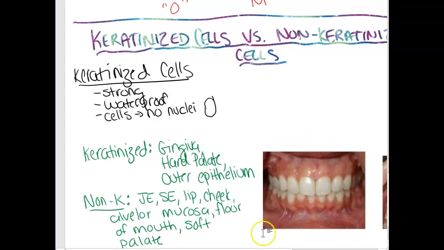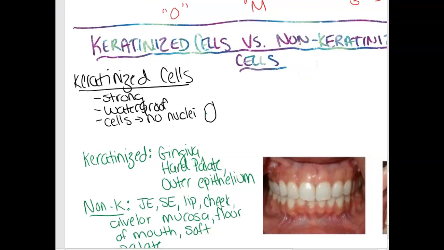Now I'm going to focus more on what we're more interested in, our oral cavity, our mouth. But before I do that, let's look at what non-keratinized cells are. So let's write this down. Non-keratinized cells are soft. Instead of being strong, it is now soft.